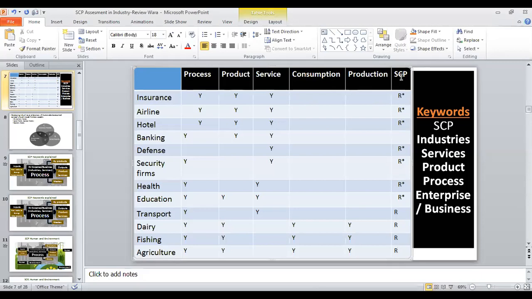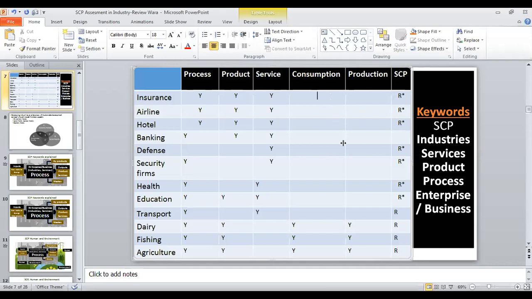So I'm taking the relevance because you two groups, mechatronics and manufacturing, you may think strongly that you are only for manufacturing, but if you are looking into service sector, service industry, then you may feel that, oh, this is not relevant, no such thing. Right? Sustainable consumption and production has a strong relevancy for services as well.